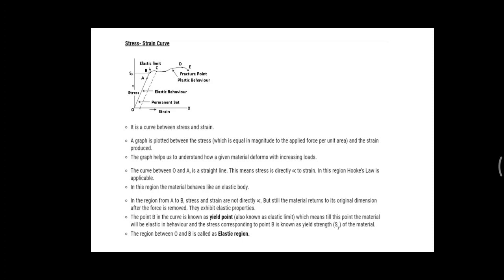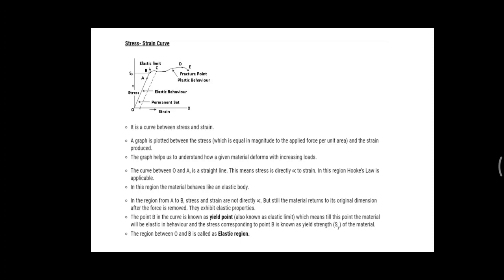Point B is known as the yield point. So that means till point B, the elastic behavior will be there.